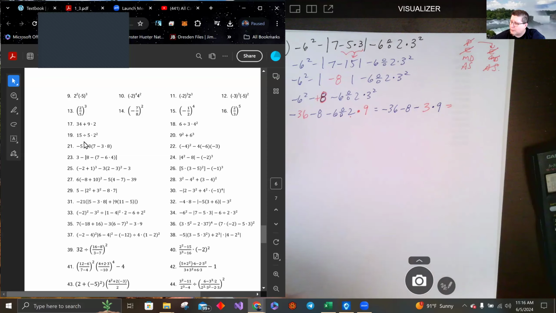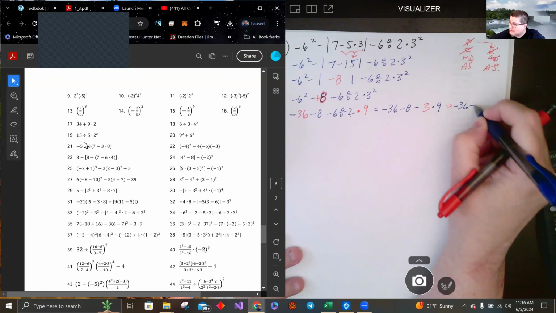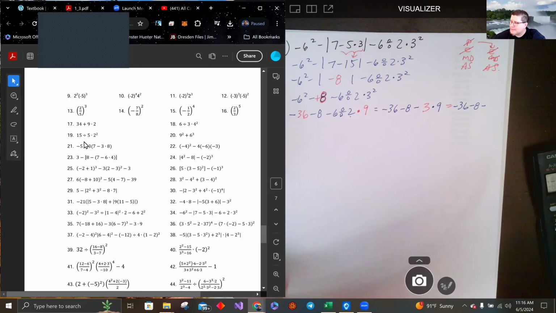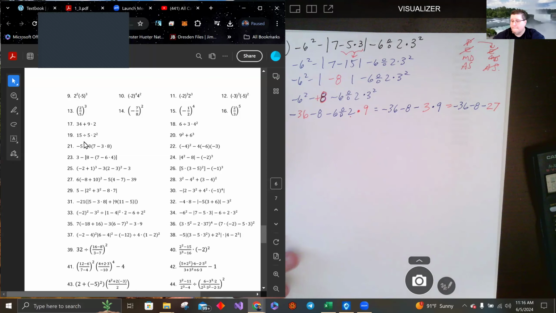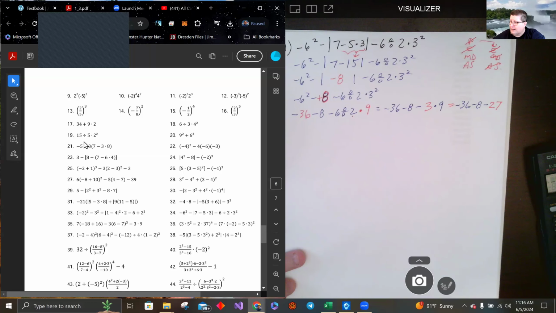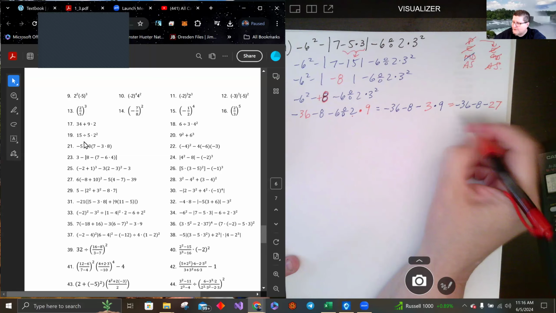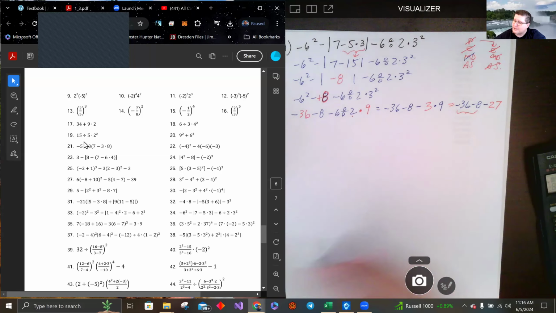Then we do the multiplication. 3 times 9 is 27. Finally, our multiplication division step is done. We go left to right. We do the first two first.